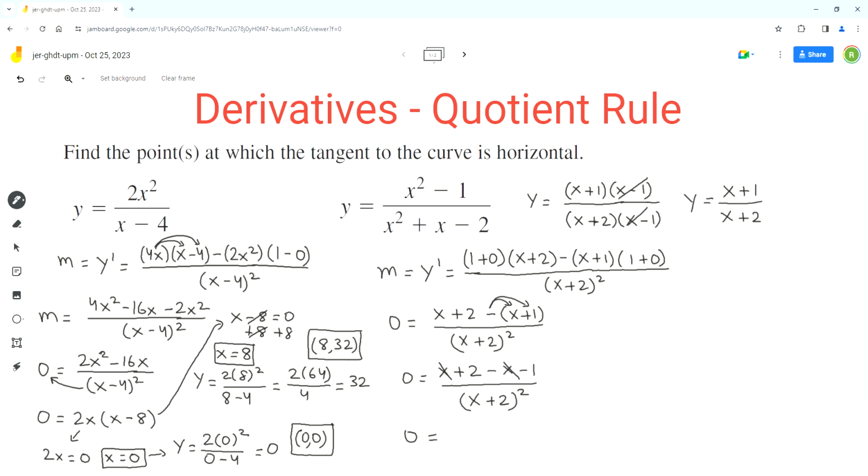So we're left with 0 equals, and 2 minus 1 is equal to 1, so 1 over x plus 2 squared. Now we have to find the x values for which this expression will be equal to 0. In this case, there are no x values that will make the right side equal to 0. So in this case, there is no horizontal tangent.